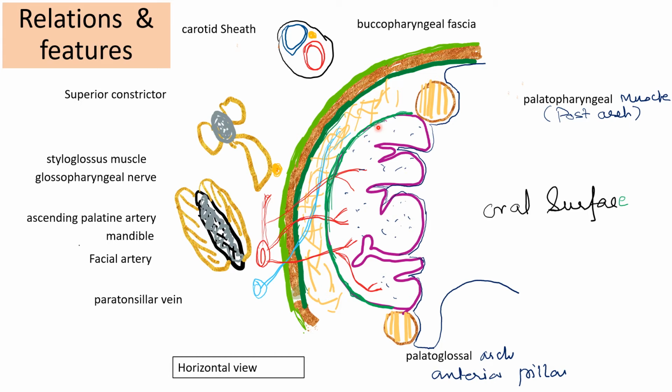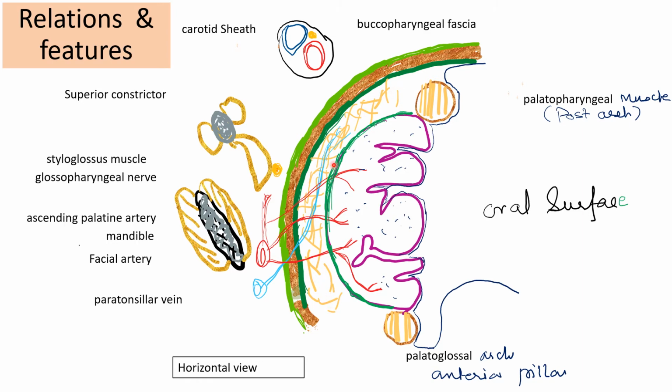Here the lateral surface is this hemicapsule. So it is separated from the pharyngeal wall by a layer of areolar tissue, which is called the paratonsillar space, filled with loose areolar tissue. This is the paratonsillar fossa or space.